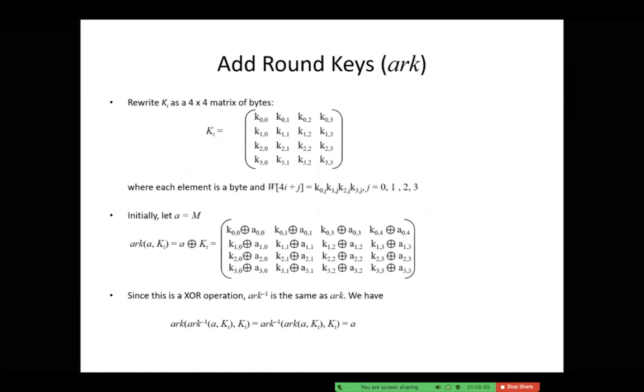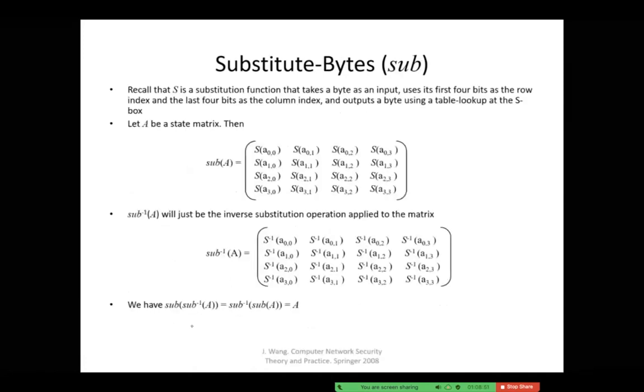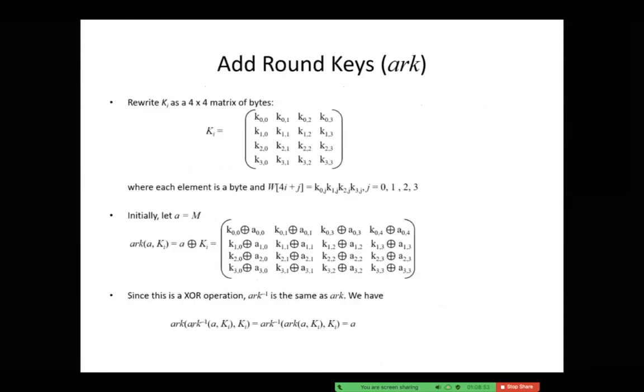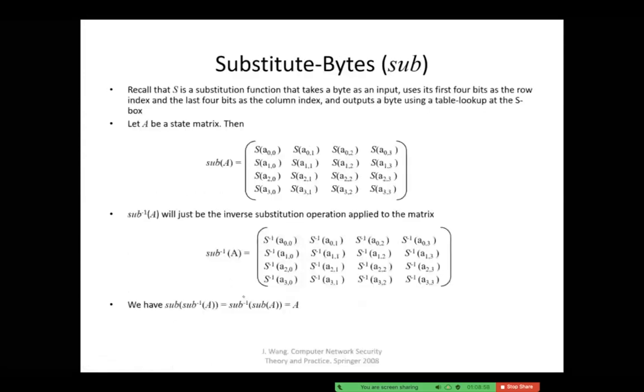Hence, ARK inverse is ARK itself. For substitute bytes, we just apply the substitution function S on each element, and the inverse applies the inverse of S. So this is also easy to understand.